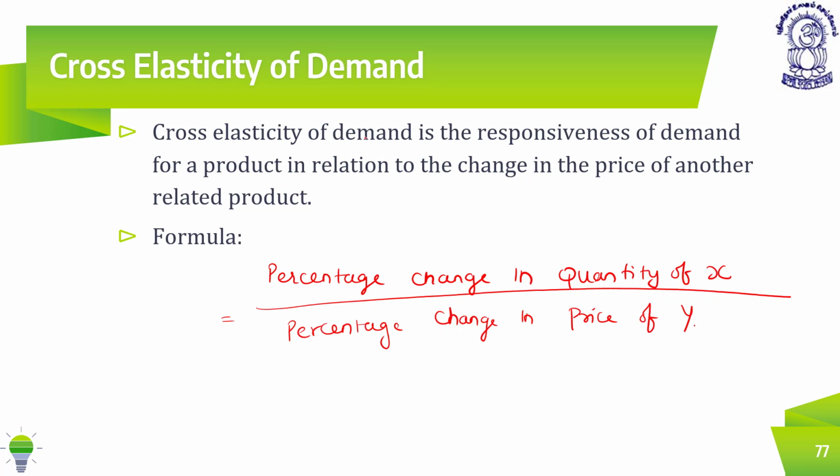It is the responsiveness of demand for a product in relation to changes in the price of another related product. Over here the related product could be tea or coffee. You can take X as tea and Y as coffee.